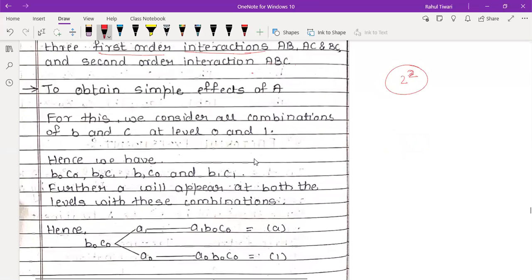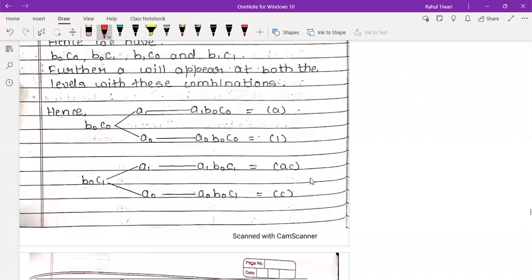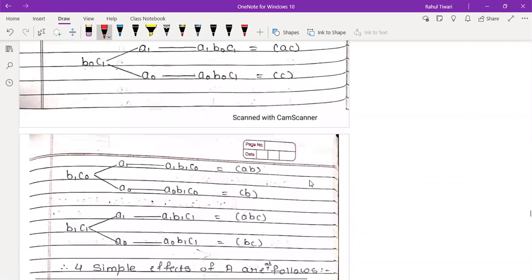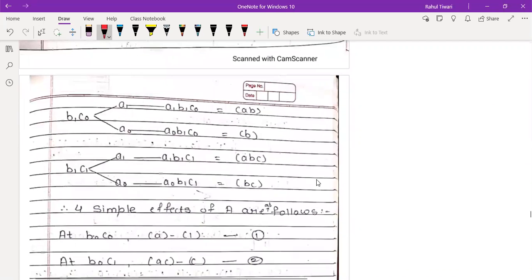So as I said, we are interested in the simple effect of A. Simple effect of A. That means what are the combinations we will get?